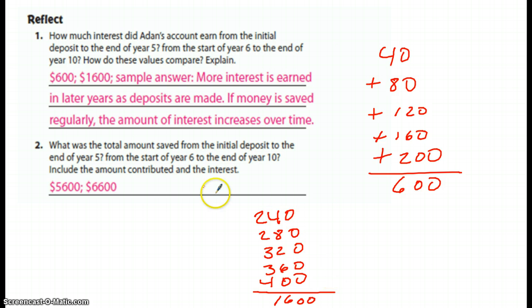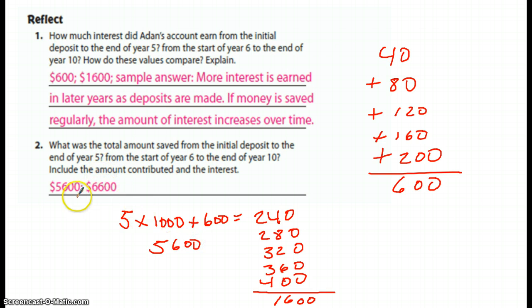Okay? Now, number two, we're just going to use values that we have. So what was the total amount saved from the initial deposit to the end of year 5? Well, if you go back and look at year 5, he saved $1,000 a year, so you're talking about 5 times 1,000, and they said use the interest, so 5,000 plus 600. That would give him a total of 5,600.